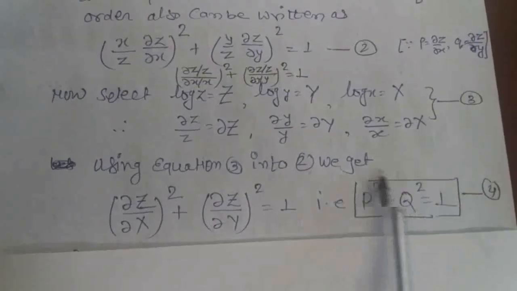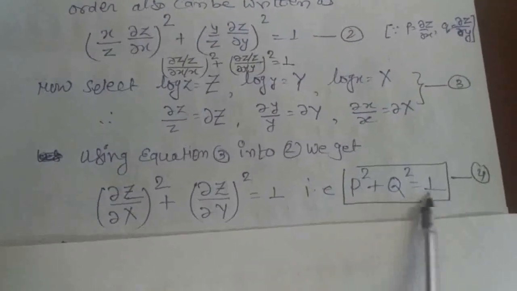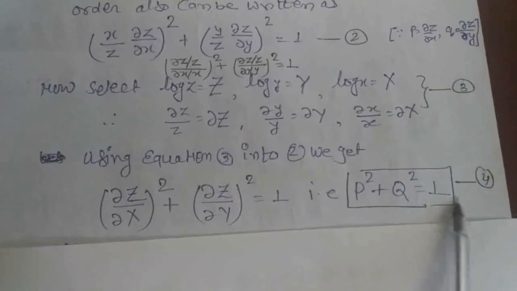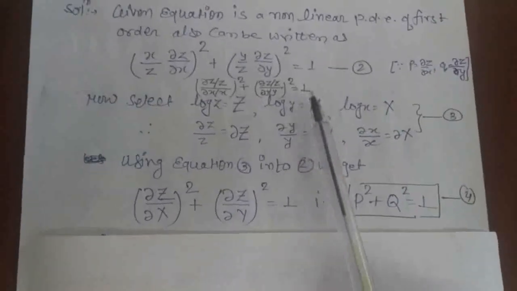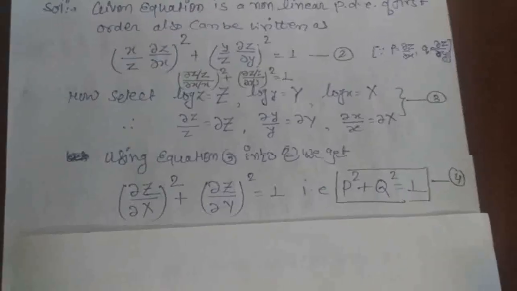So the equation contains only two partial derivatives P and Q. So this is your standard form first. This is how, by applying a suitable transformation, we reduce the given equation into standard form first.